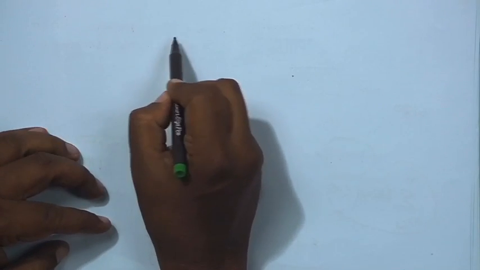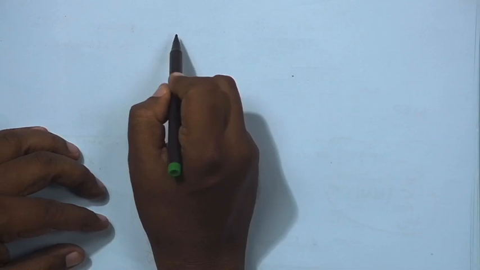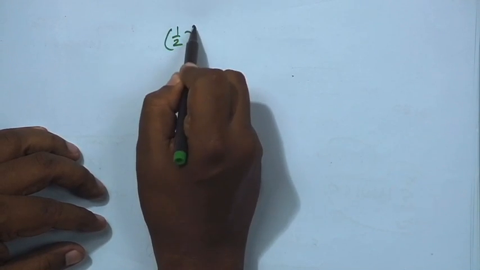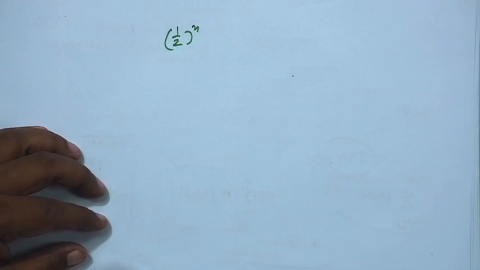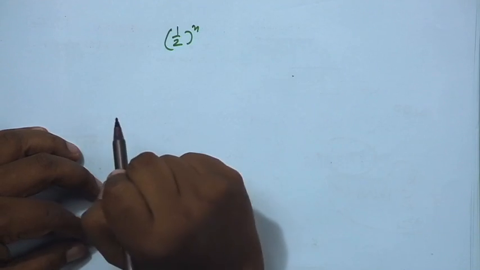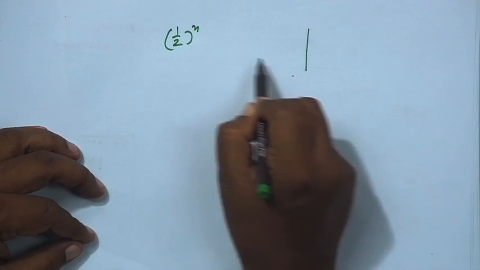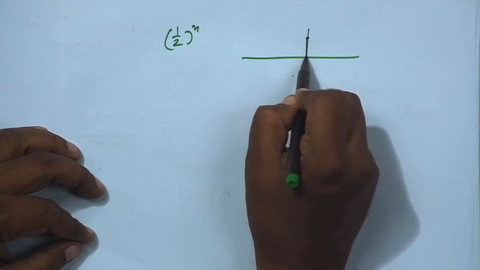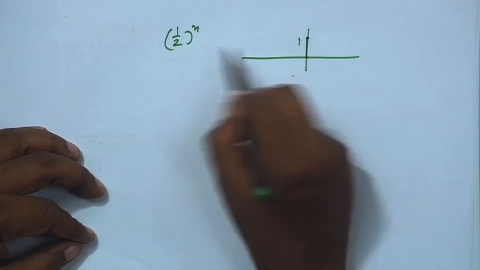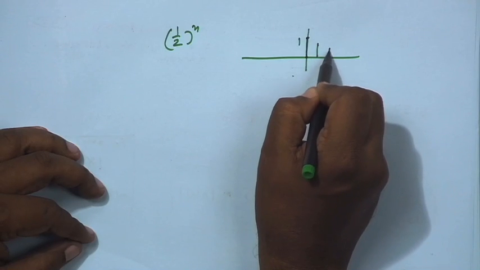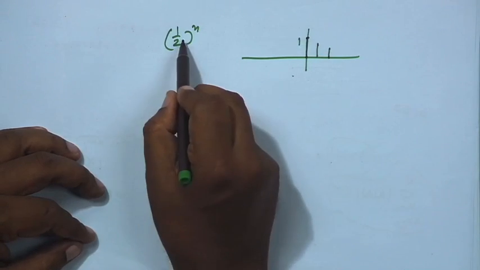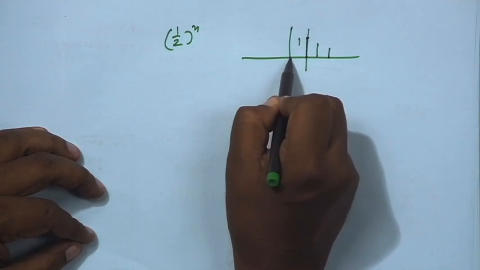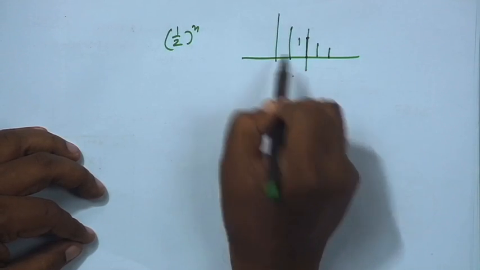Now, as an example, if I give you the sequence half to the power n, without u[n], you see it will be non-causal, it will go on both sides. Half to the power 0 is 1, half to the power 1 is half, half to the power 2 is 1/4, but half to the power minus 1 is 2, half to the power minus 2 is 4.